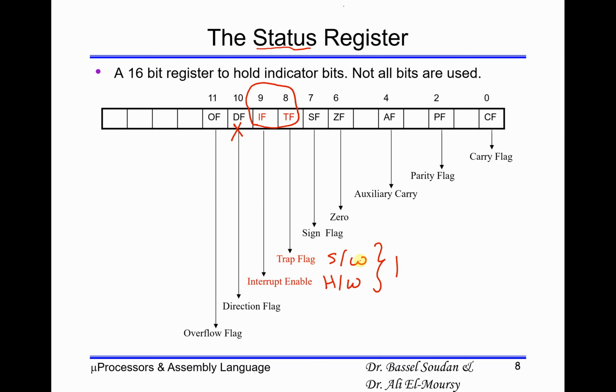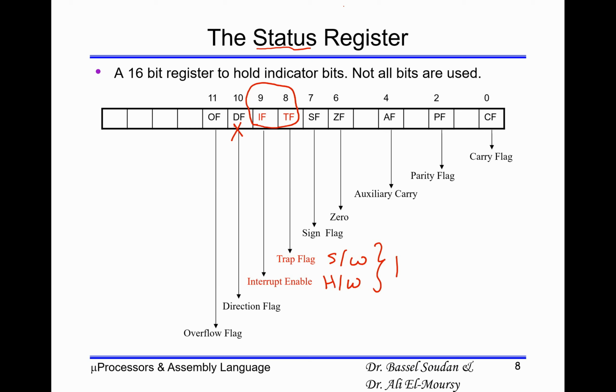That means if those two flags are zeros, the microprocessor will neglect the interrupts, definitely except the reset interrupt. The reset interrupt is non-maskable. The microprocessor cannot neglect or ignore it, even if the status flags indicate something different.